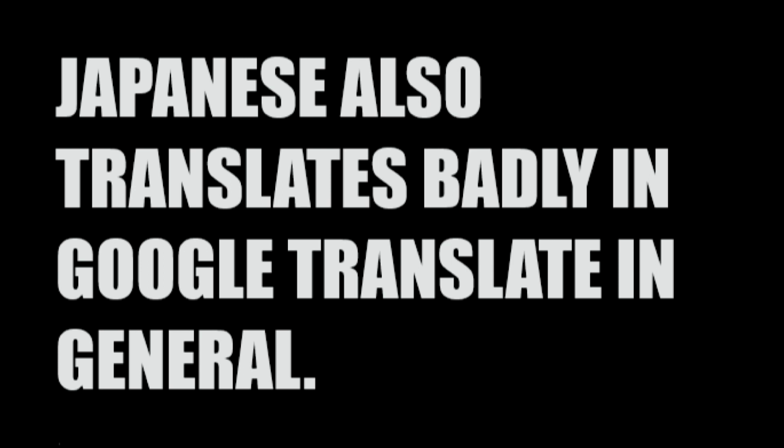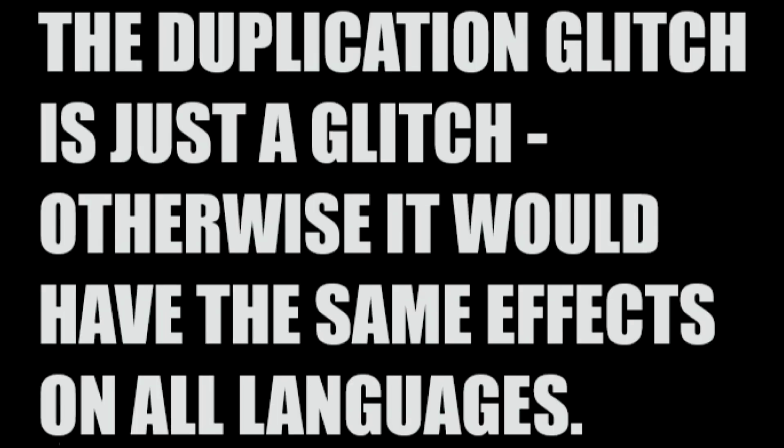Not offending Japanese people or the language, but on Google Translate the translation is always very, very wrong, and lots of stuff with Japanese just doesn't work at all, and very small languages are the same. So that shows that this glitch works better with uncommon languages, therefore it is just a glitch, it's not anyone trolling, because otherwise it would work the same on all languages.